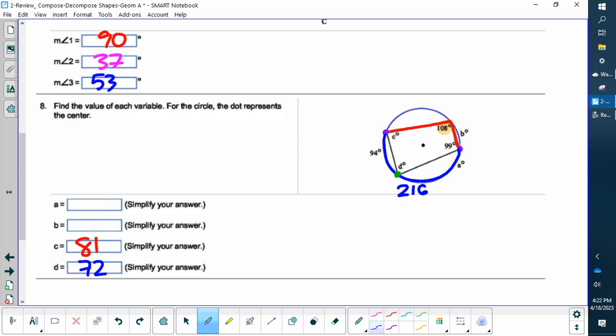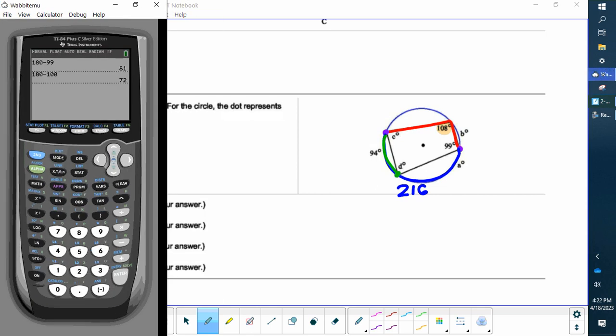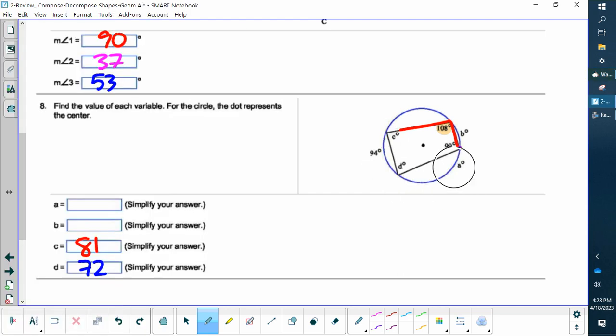And if I know this sliver from here to here is 94, I'm going to do some basic subtraction. 216 minus 94 is 122. So A is 122. So I'm going to put that up here. A from here to here is 122. And let's put that over here.